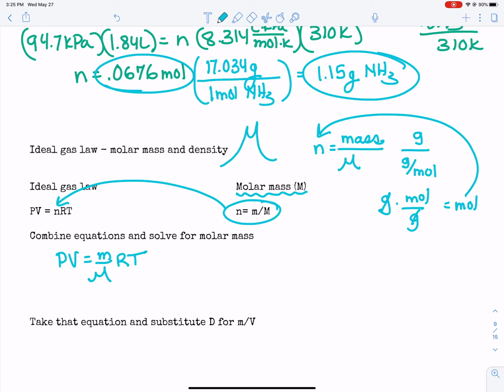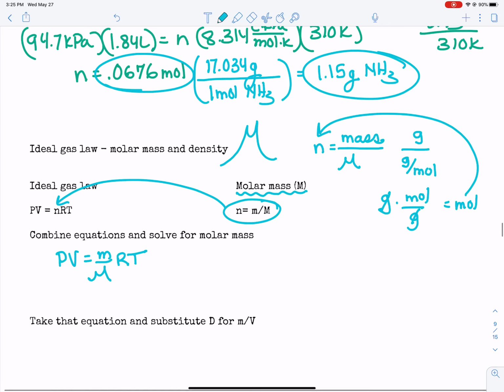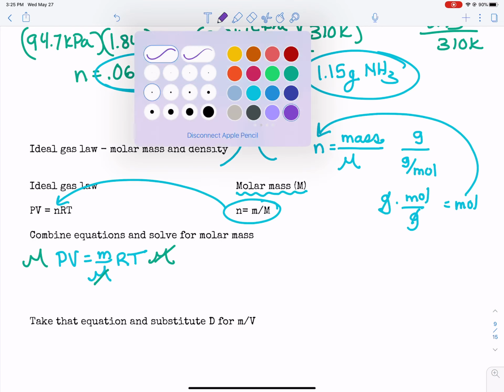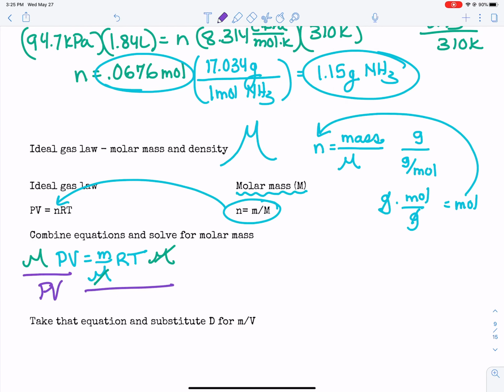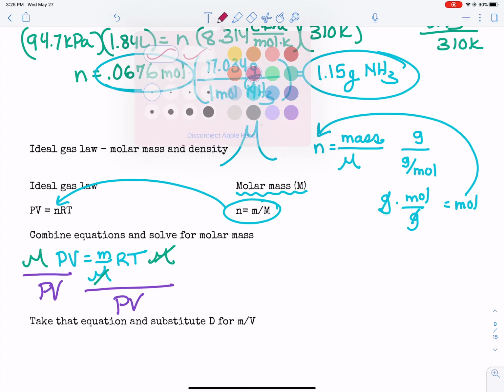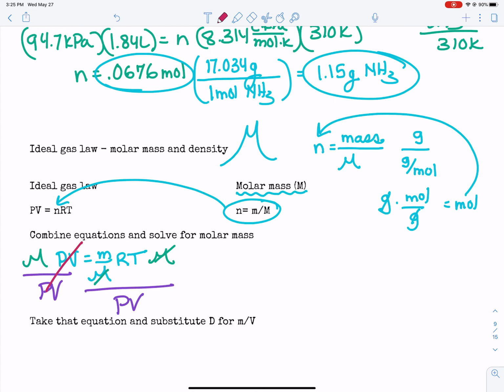So I would multiply both sides by molar mass, and I'll actually do that out because a lot of students have difficulty following the algebra here. And then in the next step, I would divide both sides by PV. So the formula I'm going to wind up with, because these guys would cancel out, would be molar mass is equal to M, the mass, R, the gas constant, T, the temperature in Kelvin, over pressure times volume. And so if you get a question that says, what is the molar mass? And you have mass and all the other stuff, you can use that formula.